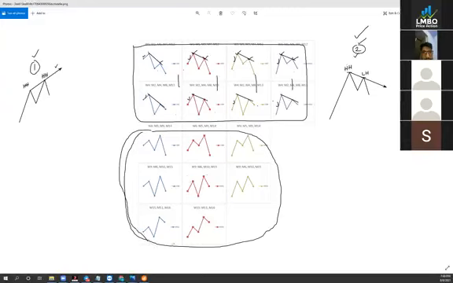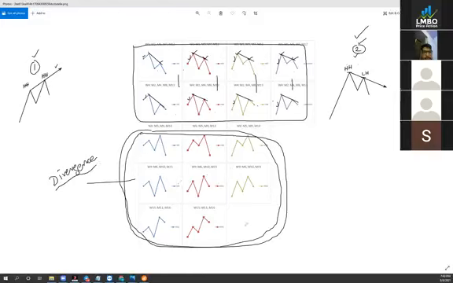This type of M will be traded with the help of divergence, and this M will be traded without any divergence. So once we know divergence, we can trade these M patterns. Today I will only talk about the patterns which can be traded without divergence.